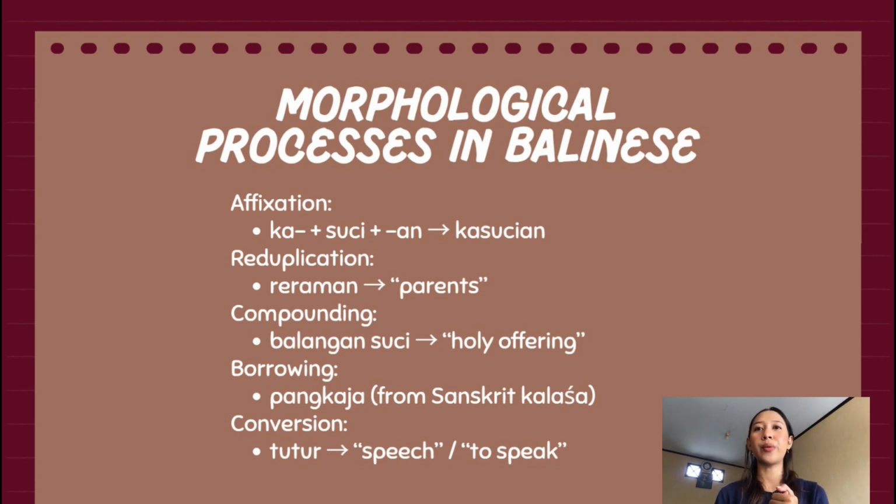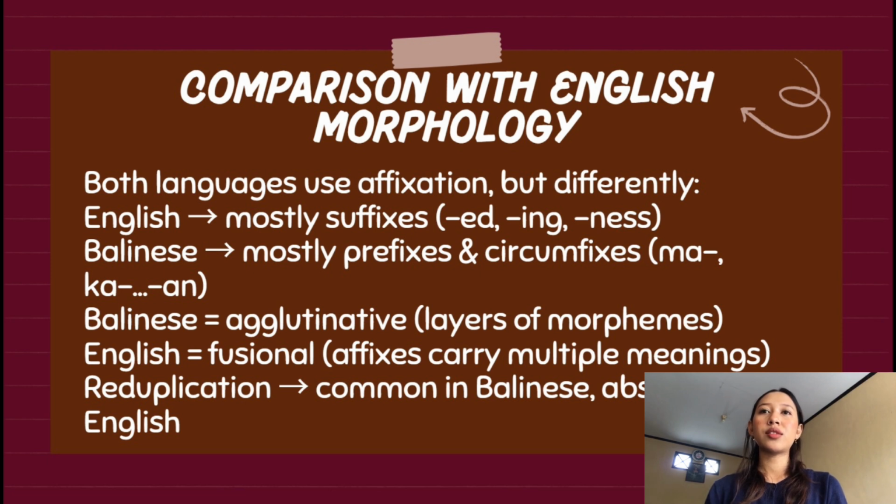Fourth is borrowing, for instance, pangkaja, which comes from Sanskrit. And lastly, conversion, where a word changes its function without changing its form, like tutur, meaning both the speech and to speak. So now let's compare Balinese with English morphology.